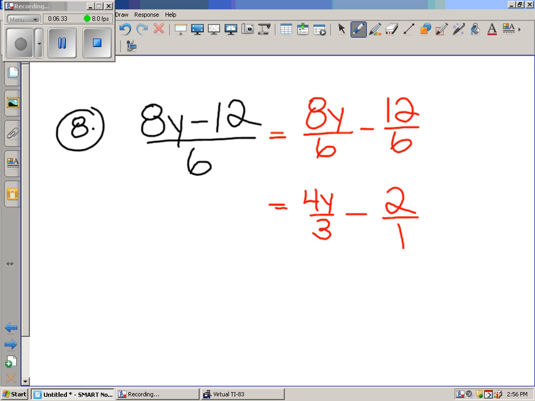Over 1 if you wanted to. Now you could leave your answer like this. Technically, this is the most simplified form of the problem. If it's multiple choice, you'd have to be able to recognize the multiple choice answer being given. And the multiple choice answer could look like the answer we got right before we did this strategy.